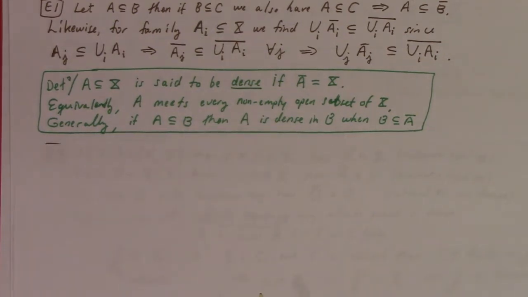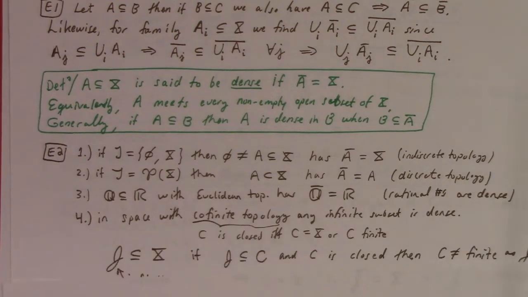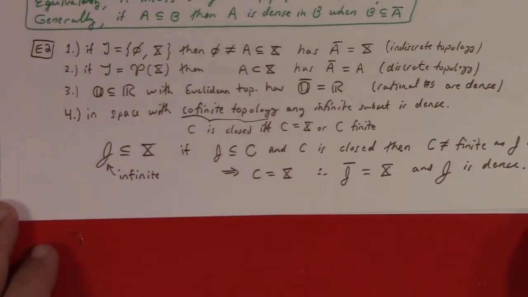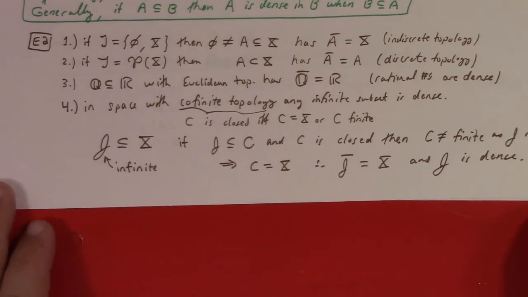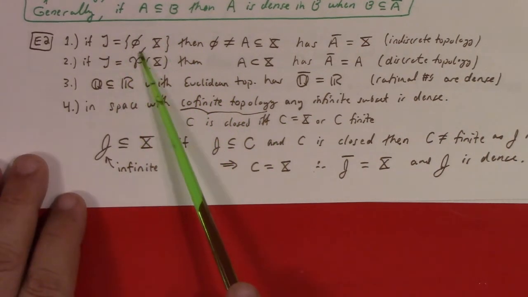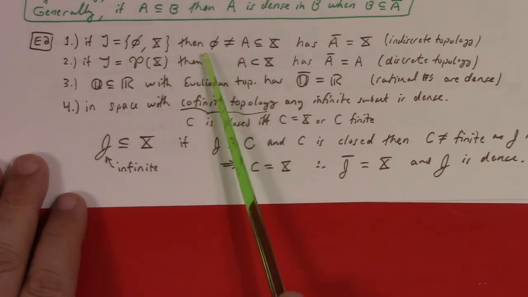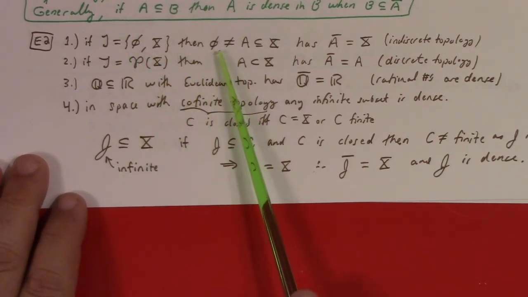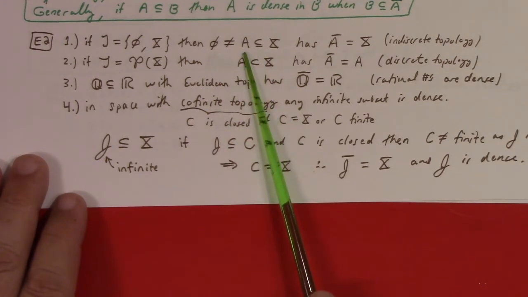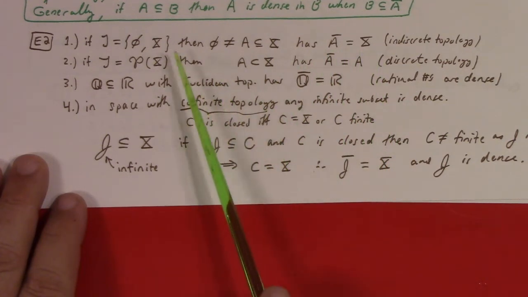All right. So here's some examples. If the topology just is the silly topology, and if we have a non-empty set A, then the closure of A is just X again.